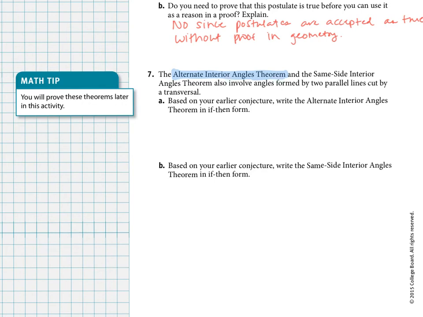So similar to what we did in 6A, I'm going to have you look at 7A. Based on our conjecture from earlier, I want you to try to write the alternate interior angles theorem in if-then form. So refer back to what we did in 6A, what you have from the vocab before. Go ahead and pause the video right here.